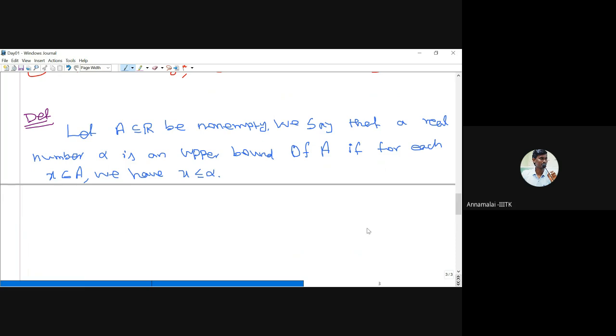Geometrically, look at the picture. Suppose we have a real line, and a set A, which is the union of these two parts. Suppose we can find alpha in R such that every number in A is always less than or equal to it. So we say A is bounded above, and this alpha is an upper bound.